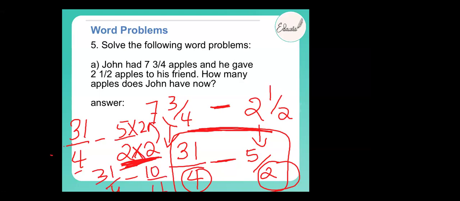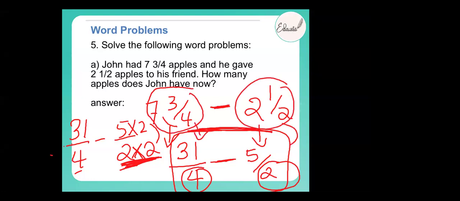Are you writing all of it down in your rough book, please? I want you to remember the steps for the test. So 7 3 by 4 is converted to 31 over 4, and 2.5 is converted to 5 over 2. But it is an unlike fraction, so it cannot be added or subtracted.